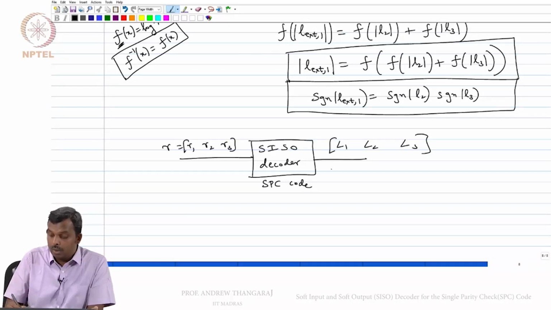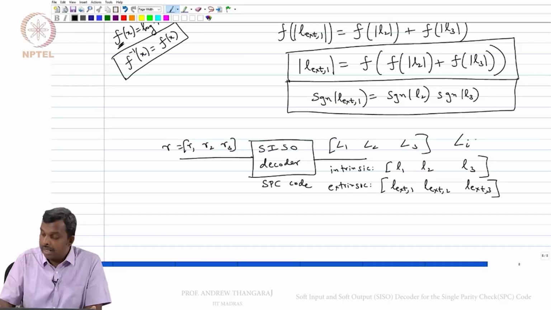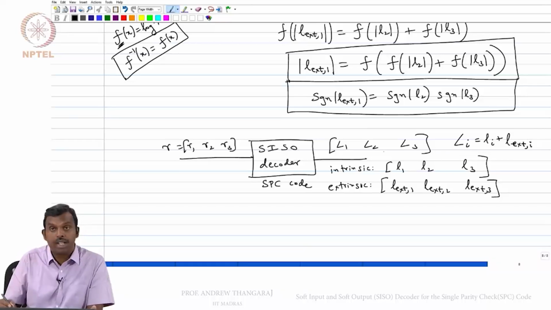You have the intrinsic, which is small l1, l2, l3, and you have the extrinsic, which is Lx1, Lx2, Lx3, and your capital Li is small li plus Lx i, just the addition of these two.